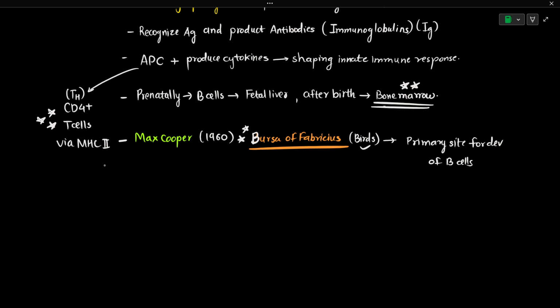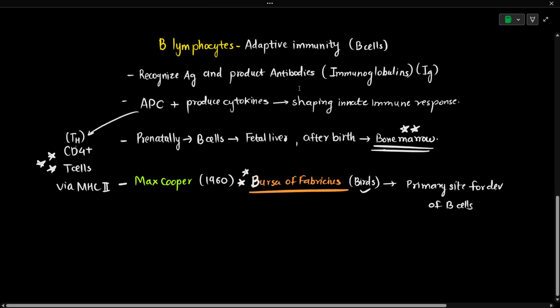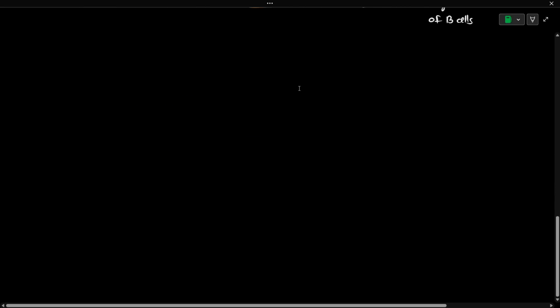So the surface markers of the B cells, meaning the proteins, the clusters that are found over the B cells, are as follows. So let's list down the surface markers of the B cells. There are different surface markers present, such as CD19 and CD20.